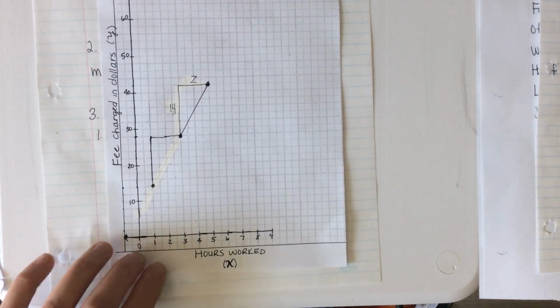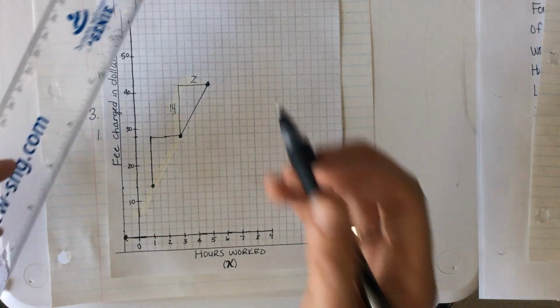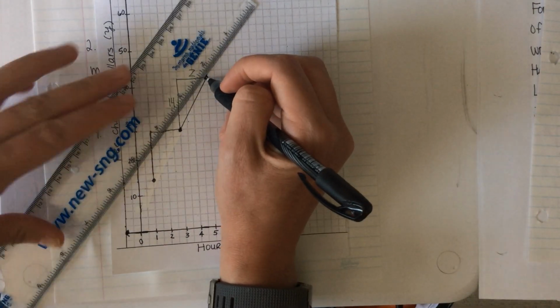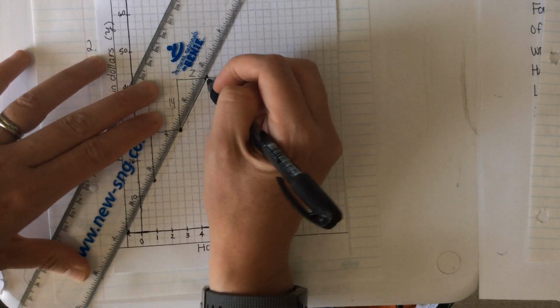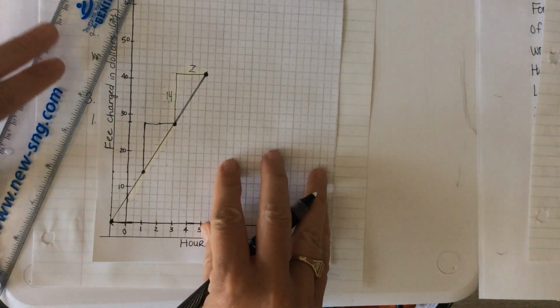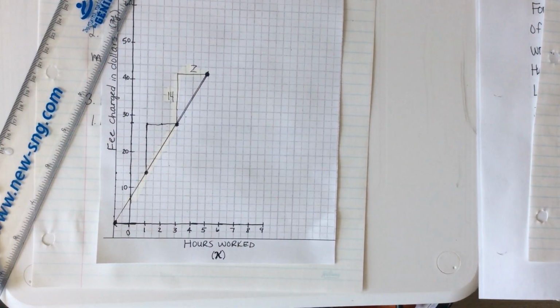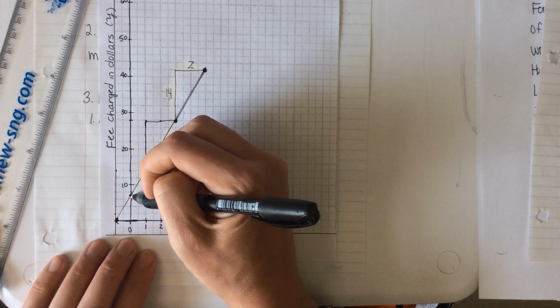Okay, so now I'm going to use my ruler. It's important that you use a straight edge for this, especially if it's not going to fall right on the line, and this one won't. Okay, so I use my straight edge, I extend my line, and now I can see approximately where it crosses the y-axis.